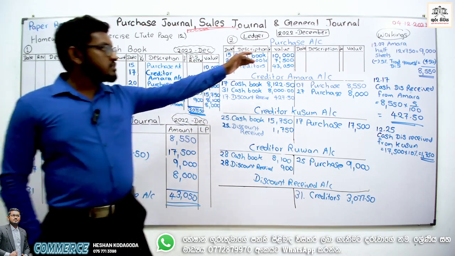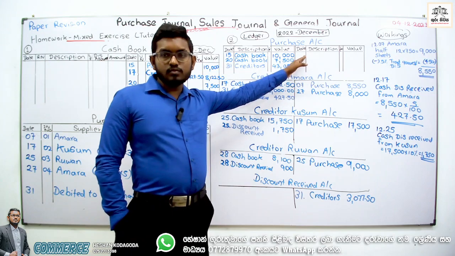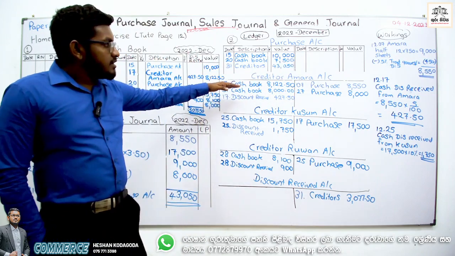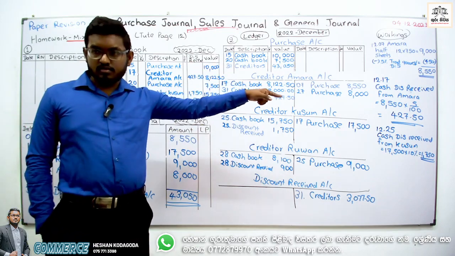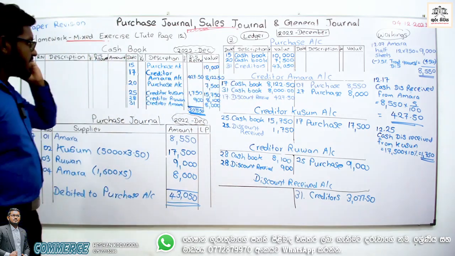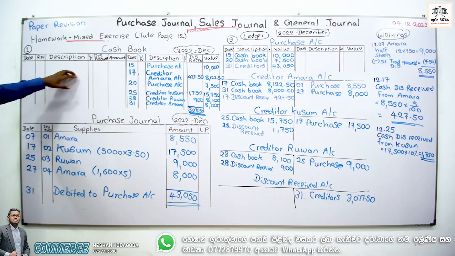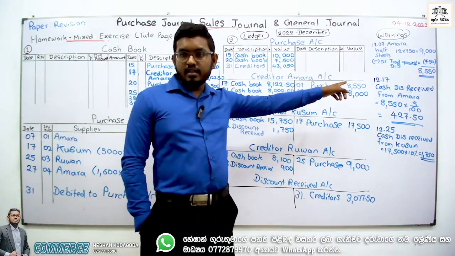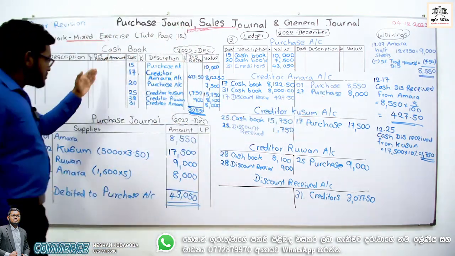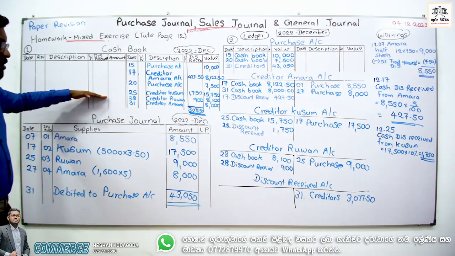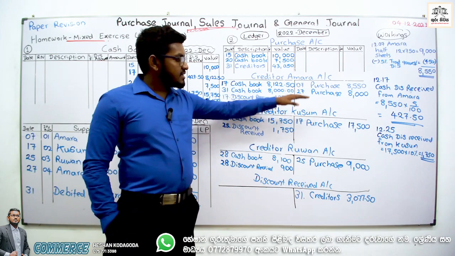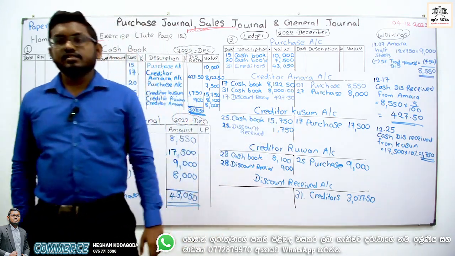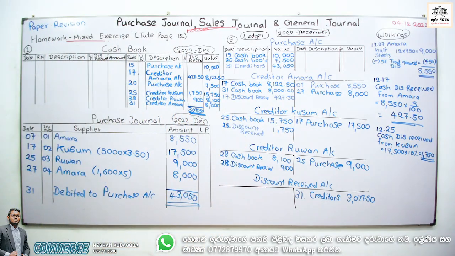At the end of the month, you need to credit the sales account. When we are debiting the debtors account, the debtor should pay us. So when the debtor is paying, cash book debit, debtors account credit. If there are discounts, we need to get the total of the discounts. So discount allowed account debit, relevant debtors account credit. Likewise, you need to know.